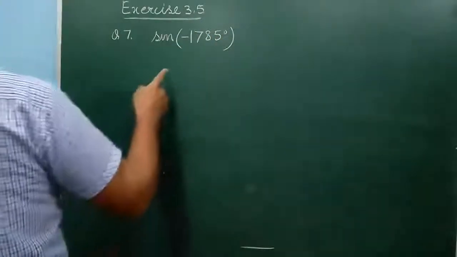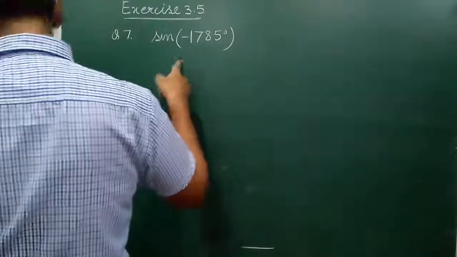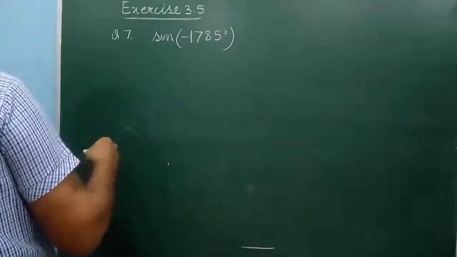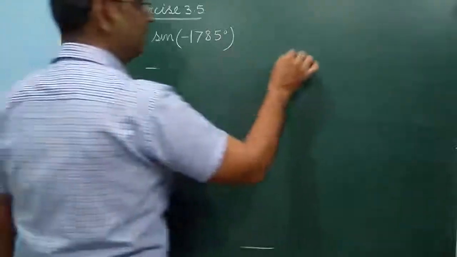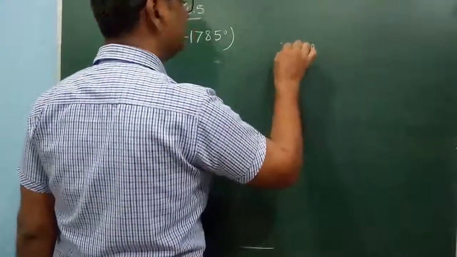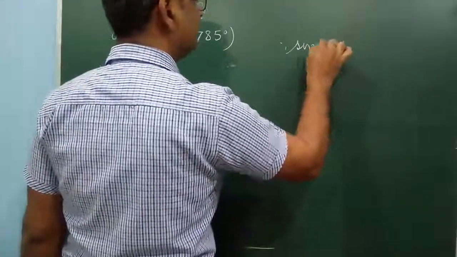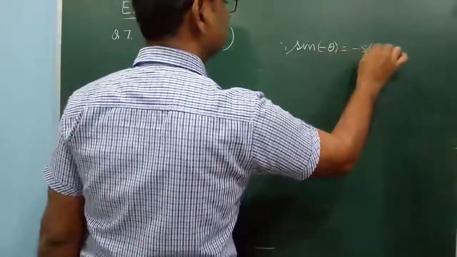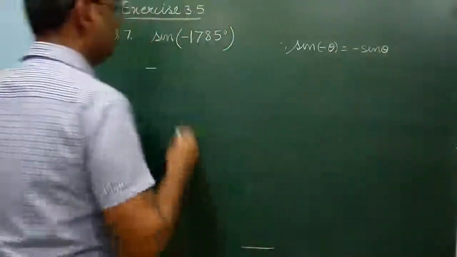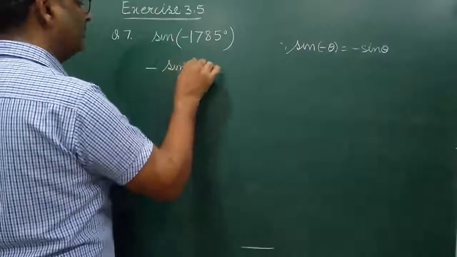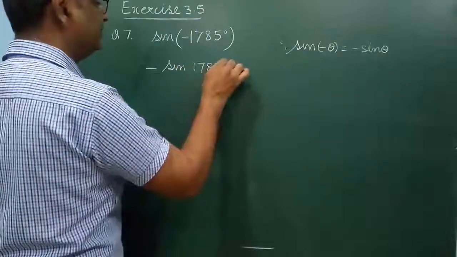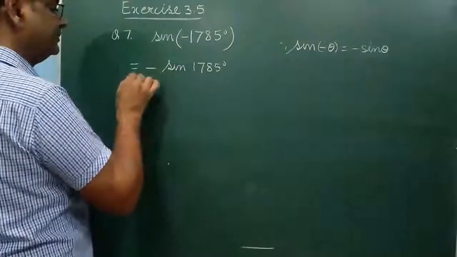So we have to reduce it to an angle less than 45 degree. So what can we do in this? We know that sine minus theta equal to minus sine theta. So here we can write minus sine 1785 degree. This minus will come here.